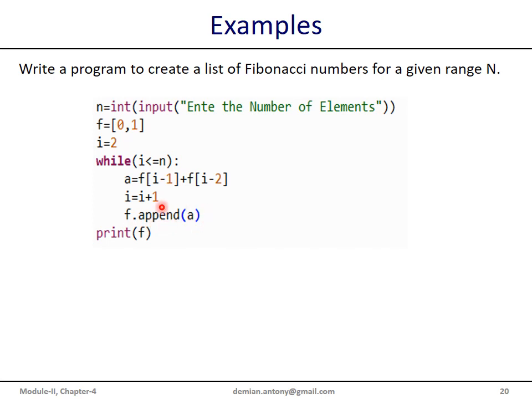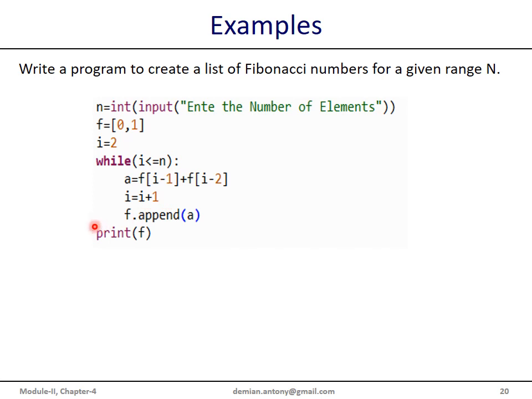See, I have not used the insert function, I have used the append function, because the newly created Fibonacci number is being appended to the end of the list. And meantime I just increment the counter, and this becomes the counter to track the number of Fibonacci numbers that are generated at runtime.